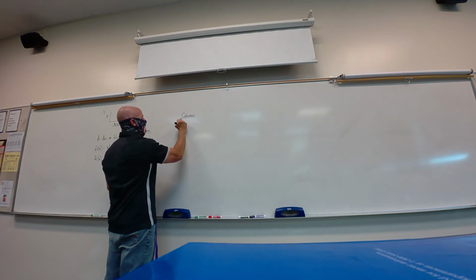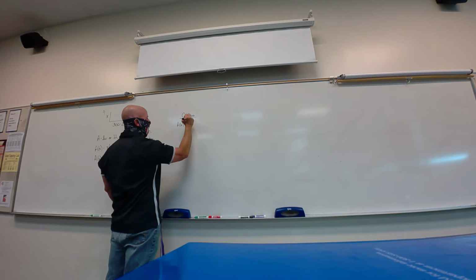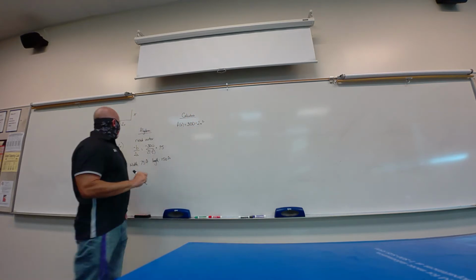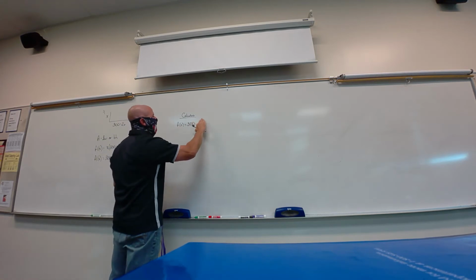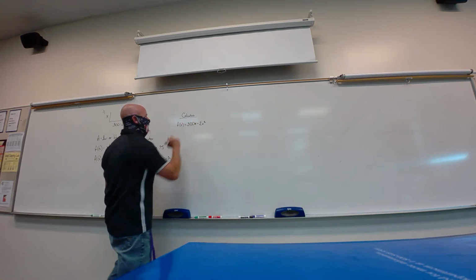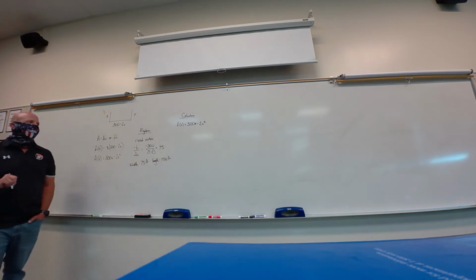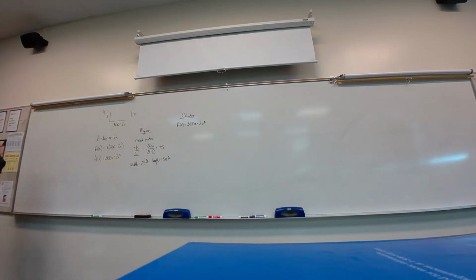I'm gonna go back to this A of x that we did develop. We still got to develop the equation we're gonna use. So 300x minus 2x squared. The max on a graph. What will be the slope of the tangent line at the max value on a graph? 0.